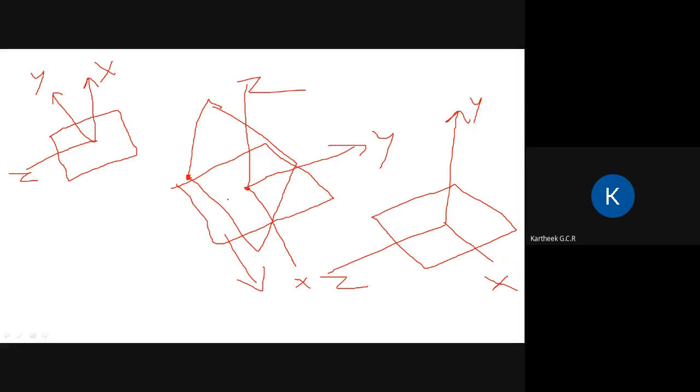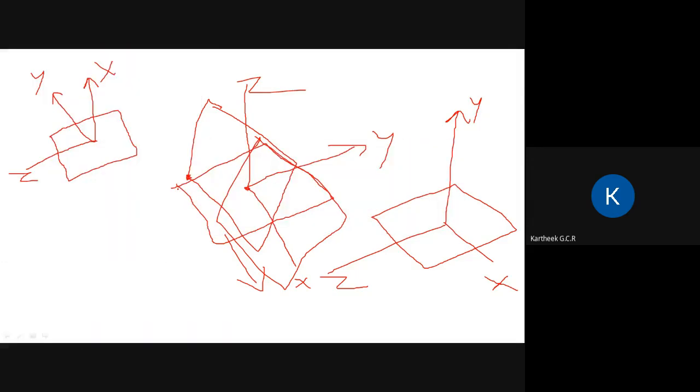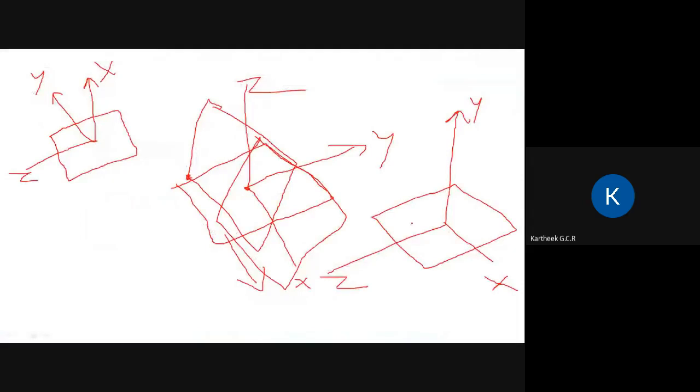If I translate it by x-axis, I would get my wall here like this, and then I have to move it up by z-axis, right? Similarly, I have this object.